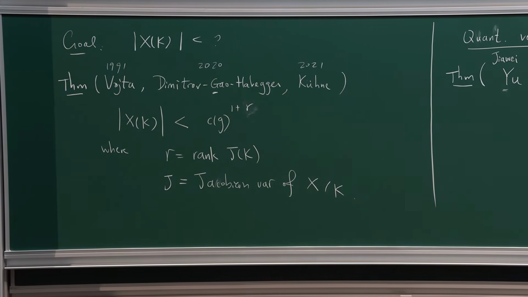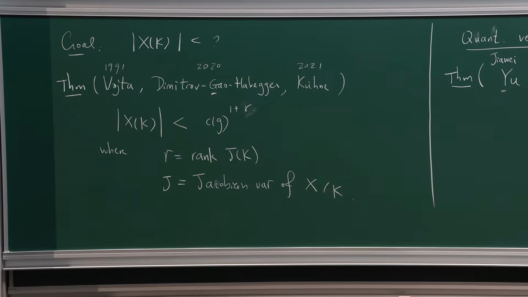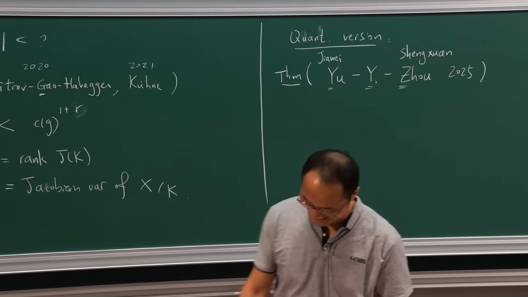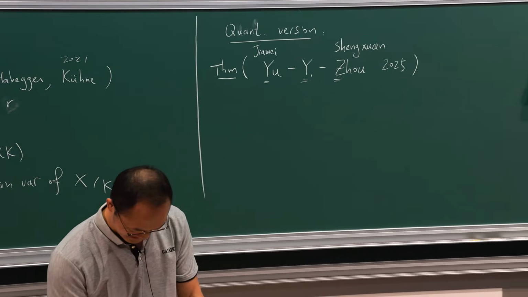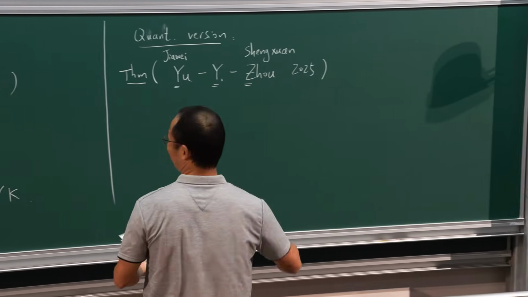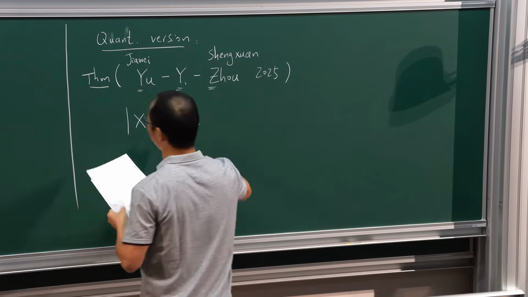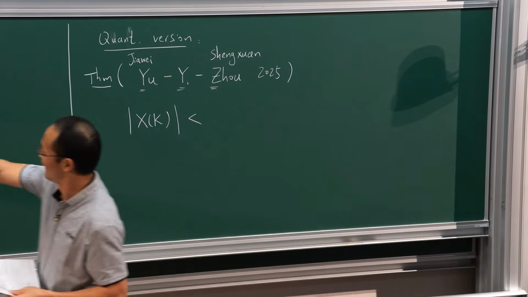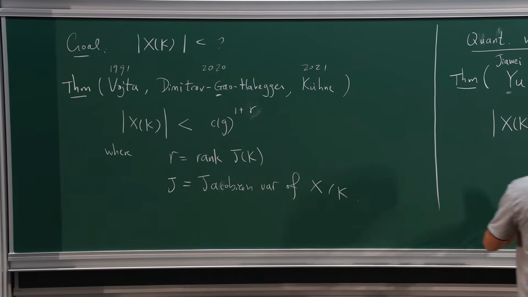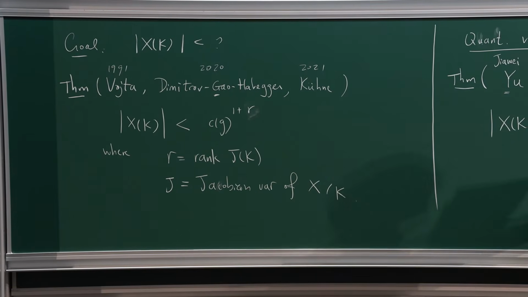Okay, now what's the theorem? Basically, we want an explicit expression of C(G), in terms of G, so we write it down.